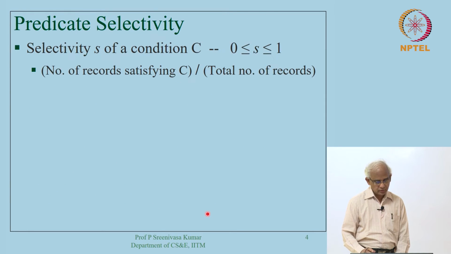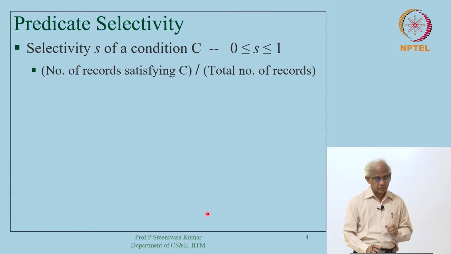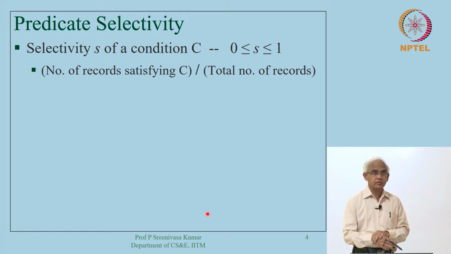Now, in this context we can also think about a quantity called predicate selectivity. How selective is a condition? Depending on that you can proceed.